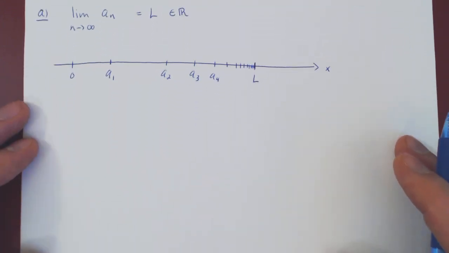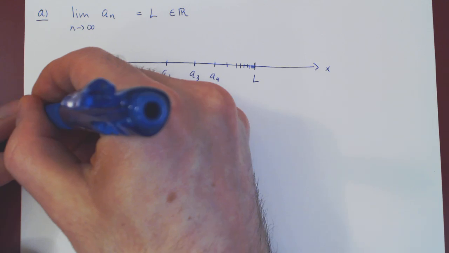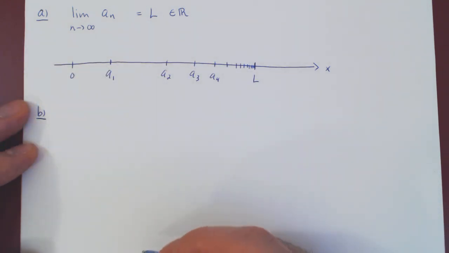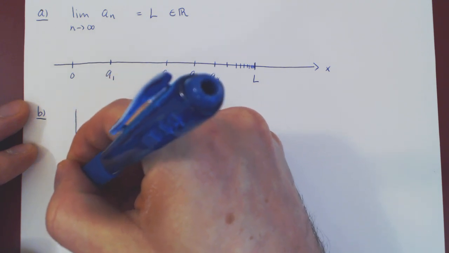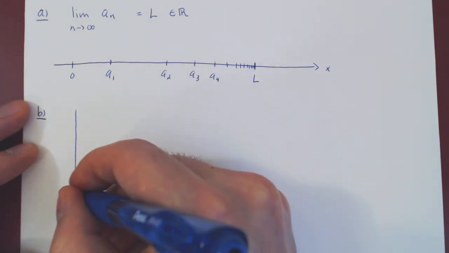Now if we look at our sequence as the graph of a function defined on the positive integers, we have an equally interesting picture.